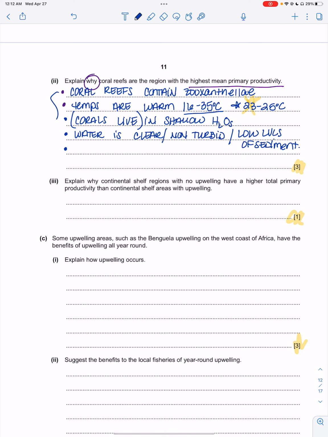Okay, so all of these are going to be setting up really good scenarios for photosynthesis. You only need 3 of them.